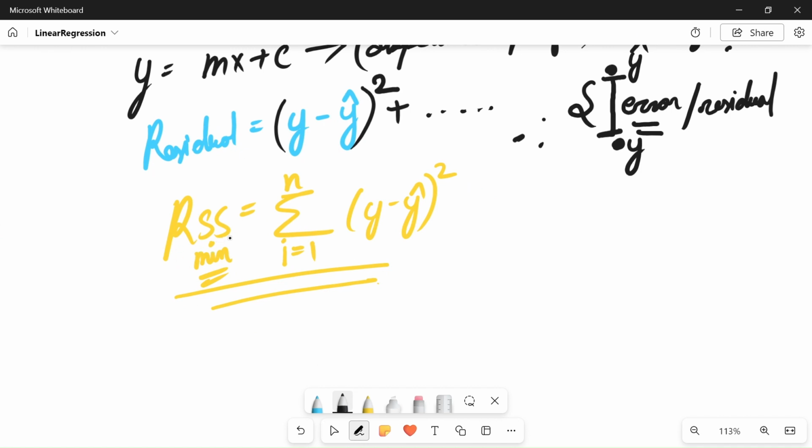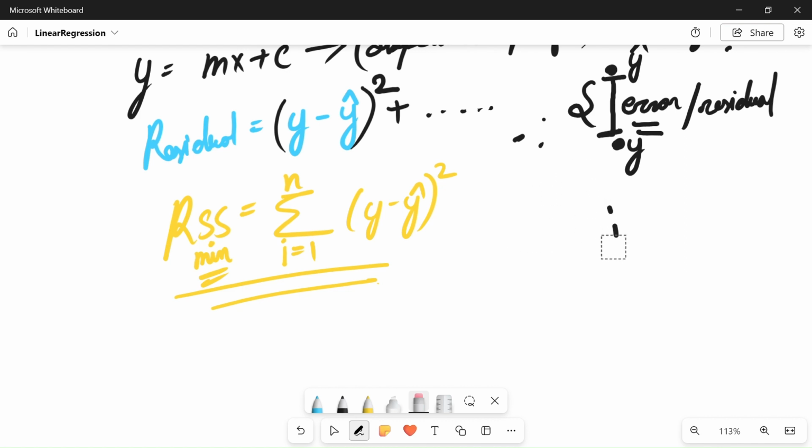We know that this particular function has to be minimized in order to find the best fit line. If you have studied minima and maxima in your calculus classes, then you know we need to differentiate a function and equate it to zero. Let's recap: if this is a function, then at the points of maxima and minima, the slope, the derivative of the function, is zero.